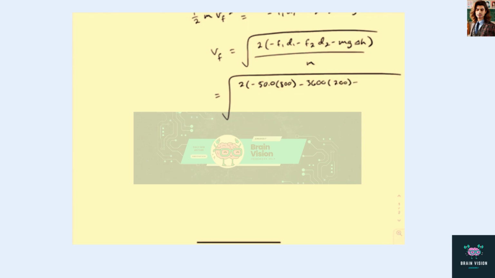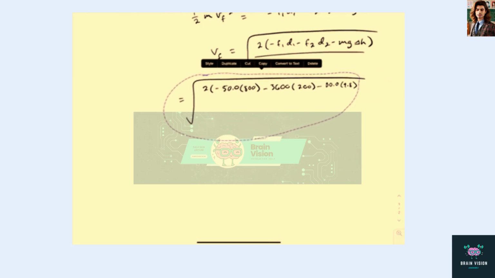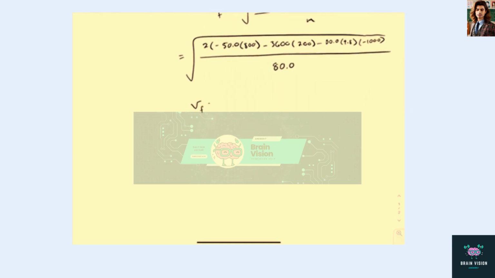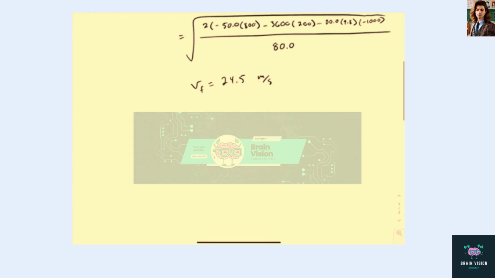And then we'll subtract out the mass of the diver, 80 kilograms, times 9.8, and delta h, well, we're falling, so we're going from 1,000 meters to 0 meters, so the delta h is actually minus 1,000 meters, because it's h final minus h initial, and then divide by the mass. And so we get a final velocity which equals 24.5 meters per second. And this most certainly will kill the diver, because this is over 50 miles an hour hitting the ground.